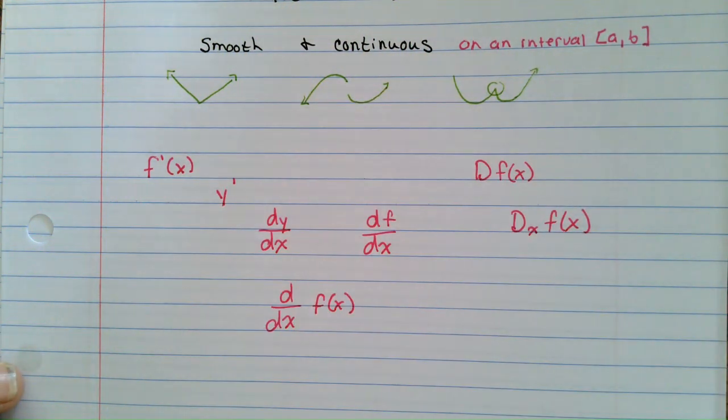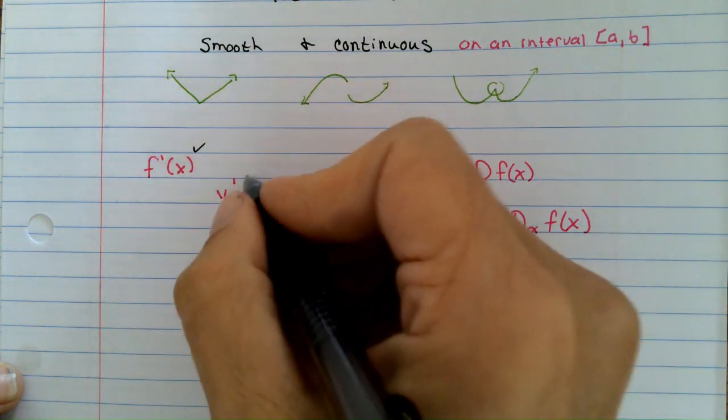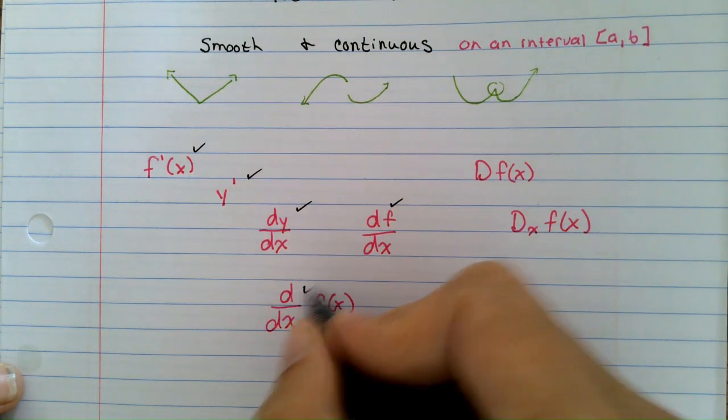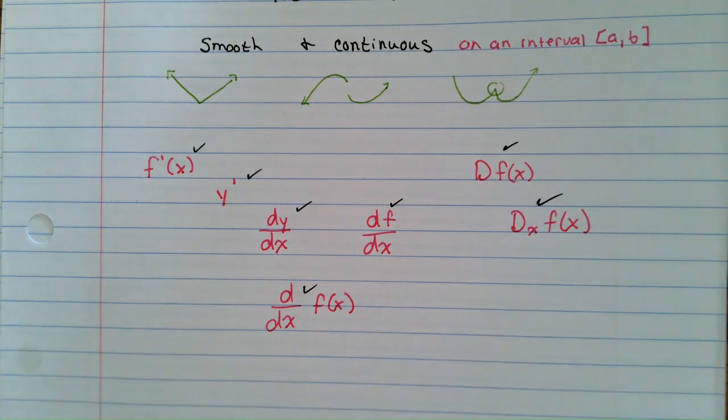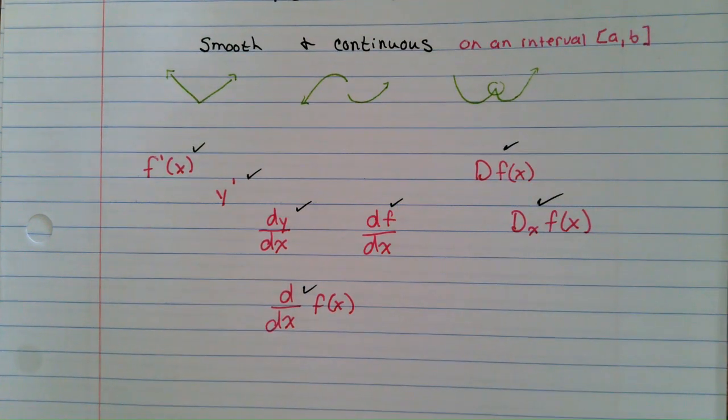That is 1, 2, 3, 4, 5, 6, 7 ways right there that they could denote this, depending on how they chose to write. So just keep in mind that they all mean the same thing. We're all deriving. Okay.